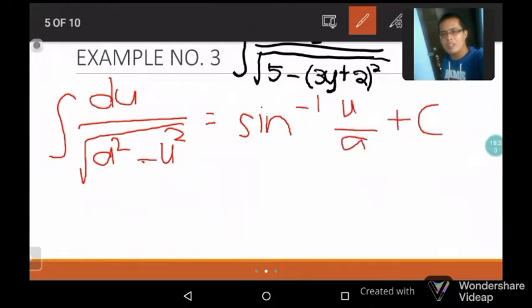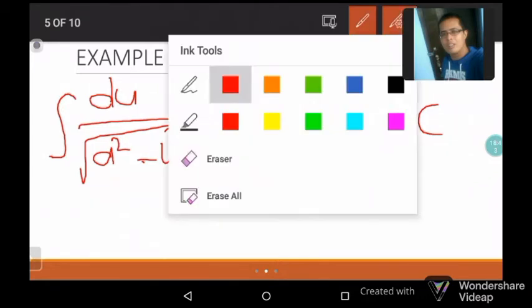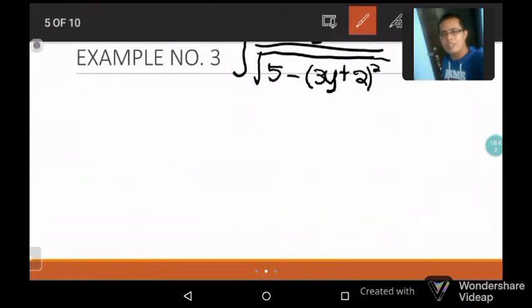Okay, so let's go back to our example. So we rewrite natin. So this will be dy over square root of 5 minus 3y plus 2 squared.